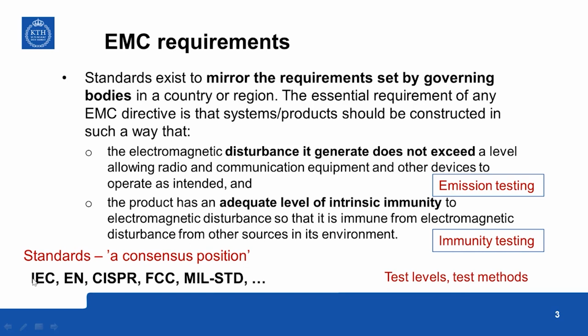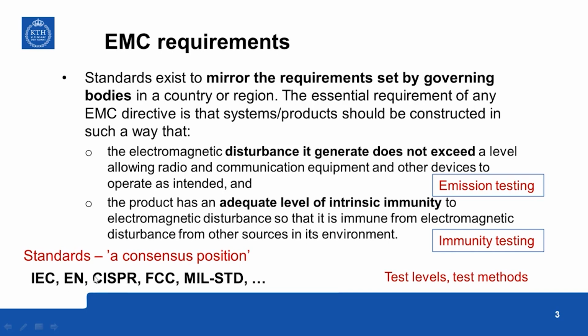Say, for example, the International Electrotechnical Commission has several standards issued based on the regulations given by other regulators in the USA or Europe. Then you have European norms. Usually IEC and European norms are kind of the same.